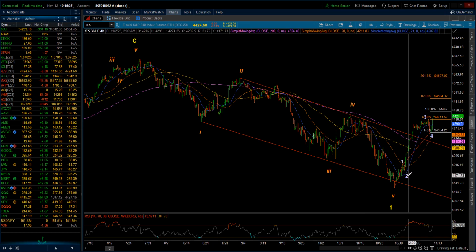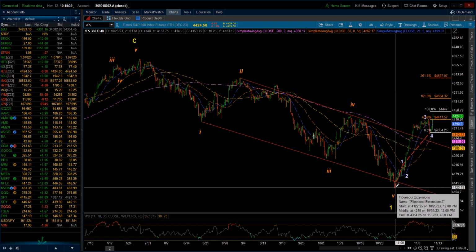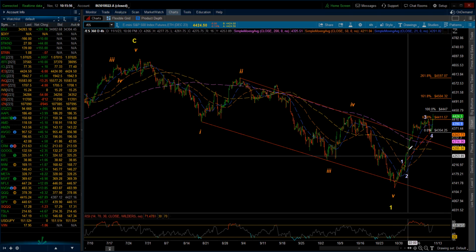I'm giving full bore to the fact that the rally off of that low has been broad-based. It's been very strong. It has shown great advance-decline numbers. It has shown total breadth of the market being extremely more positive, which doesn't necessarily jive with a corrective wave.